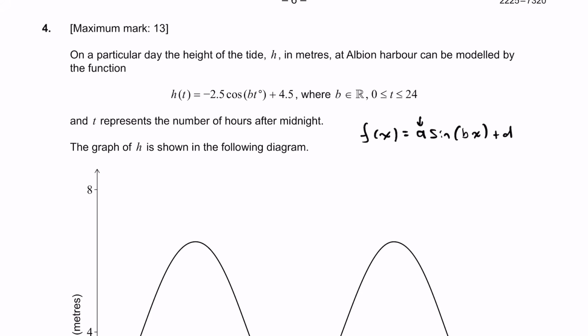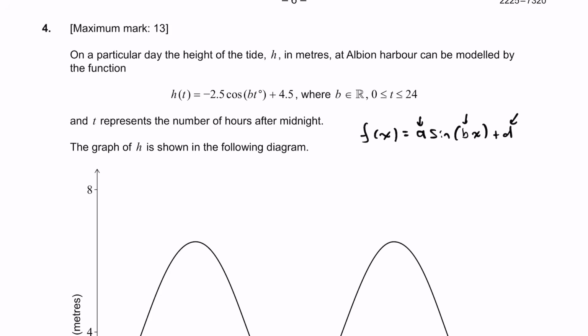A, remember, is our amplitude. B is our frequency, the number of up-down cycles within, I guess, 360 units. And d is the principal axis, what we shift this function up or down by. So in this case, they're asking about b.